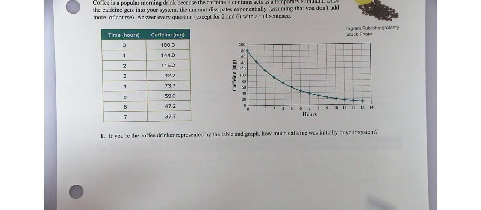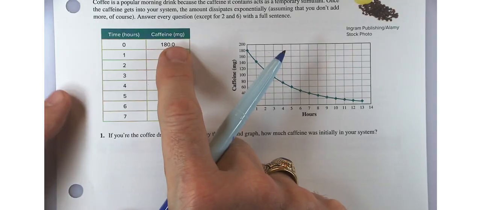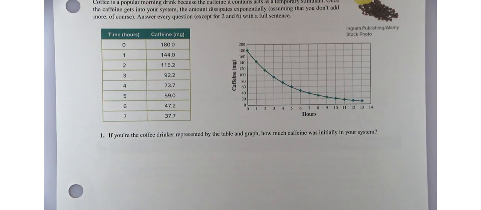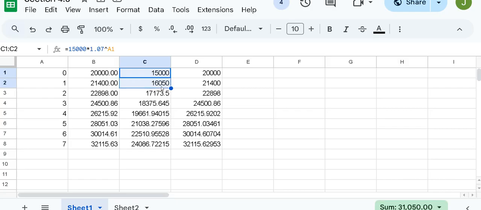So what you're going to do is figure out the decay constant. Now, how do we do that? How do we figure out the growth constant when we're dealing with our interest? How do I figure out, for instance, that you're multiplying by 1.07 when we had this data? Did we subtract? I don't think we subtracted. You can find the scale factor. Yeah.